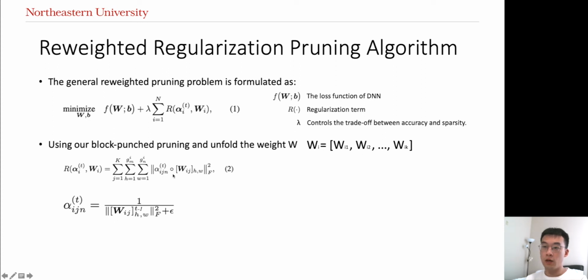We denote it as the L2 norm of the penalty alpha element-wise multiplied by the weight value W. For penalty alpha, at iteration t, alpha_t is the reciprocal of the square of the L2 norm of the weight in iteration t minus 1 plus a small value, so this alpha is a constant. The regularization term punishes the small magnitude weights, and the large magnitude weights are kept. After 3 to 4 iterations, we will prune the weights that converge to 0 and retrain the non-zero weights to regain accuracy.